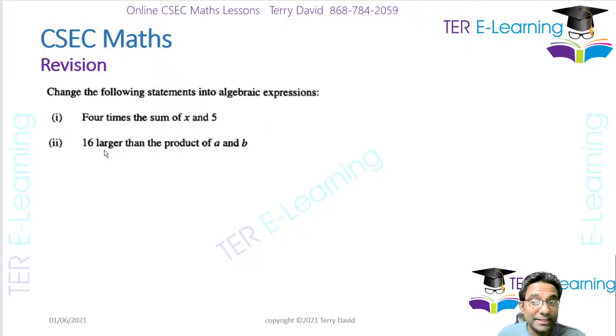Now you all need to be able to do this because you're going to get a question like this for sure, based on what they told us. 4 times the sum of x plus 5. What is that expression?